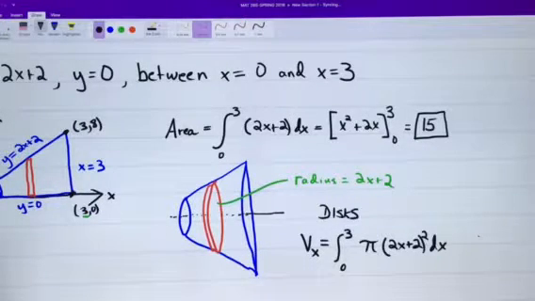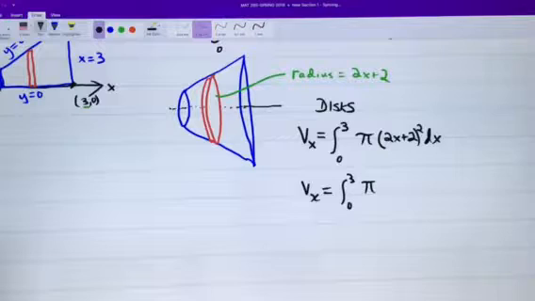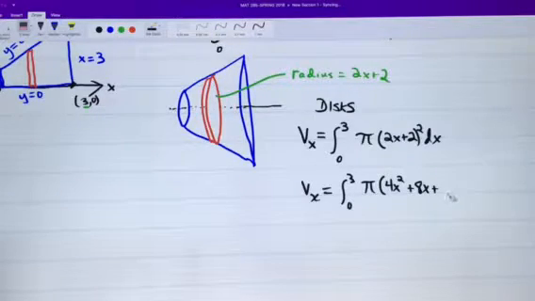I can just go ahead and square the binomial expression. So I have 2x plus 2 quantity squared. We have 4x squared, 4x plus 4x, which will be 8x, and 2 squared is going to be 4.